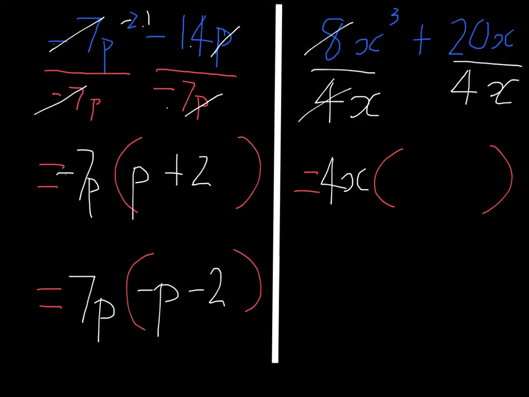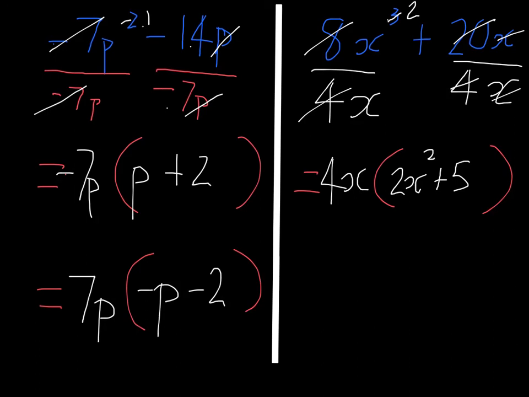8 divided by 4 is 2, and x cubed divided by x, using the laws of indices, is going to leave us with x squared. So it's going to be 2x squared, and then 20 divided by 4 is going to be equal to positive 5, and then x will cancel out.